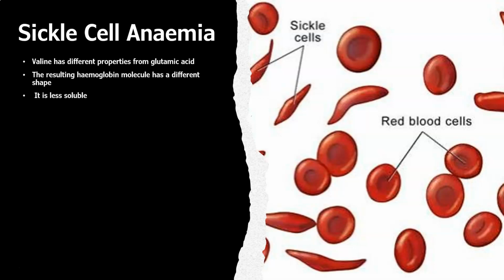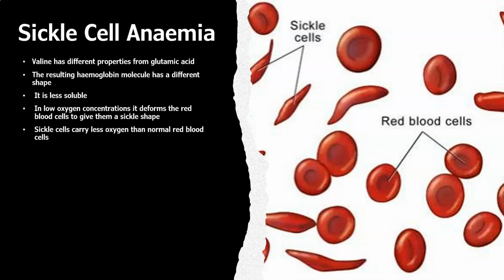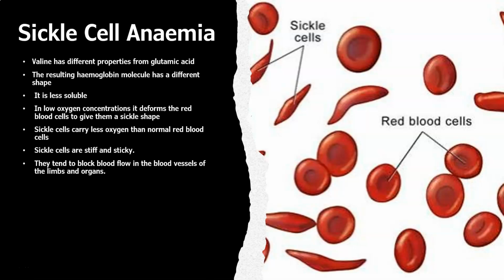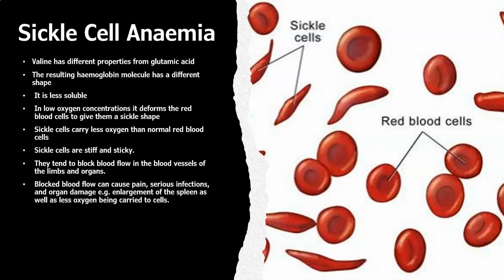Now, the sickle hemoglobin molecules are less soluble. In low oxygen concentration, it deforms the red blood cell to give that sickle shape. Okay. Sickle cells carry less oxygen than normal blood cells because they are a smaller shape. They are stiff, they are sticky, and they tend to block blood flow in the vessels of limbs and organs.